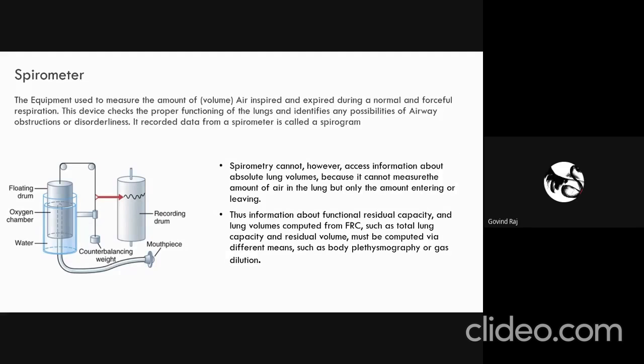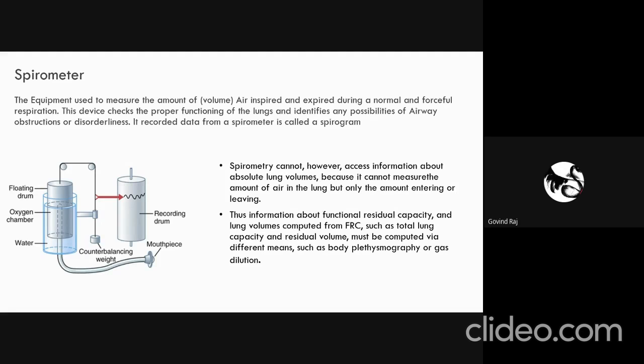For that, we have another technique, gas dilution. There we add a different gas and hook it up with the patient, and we tell him to breathe that gas in and out.